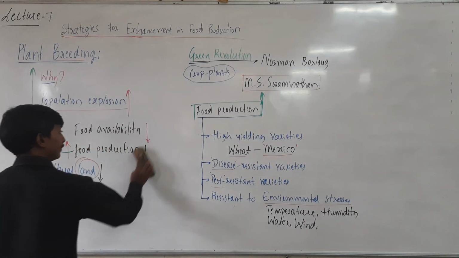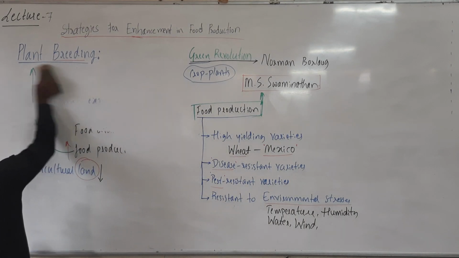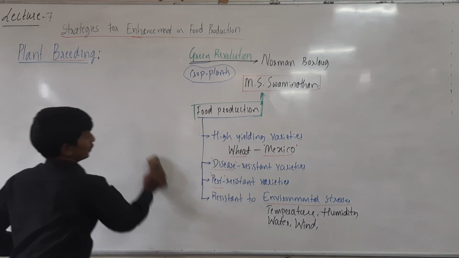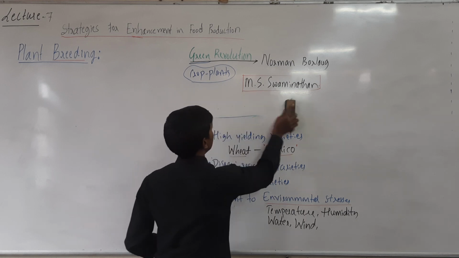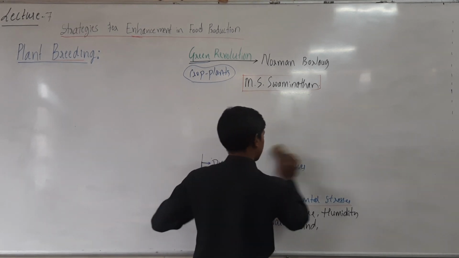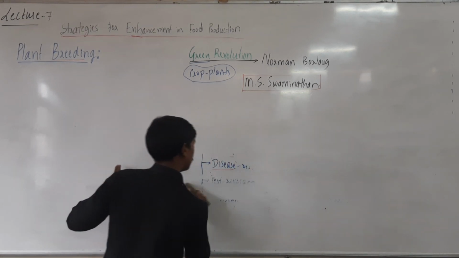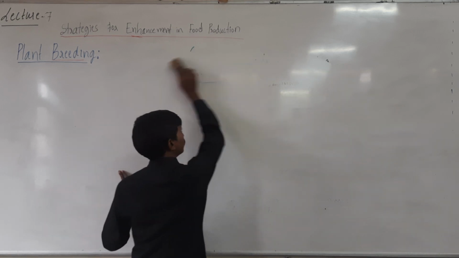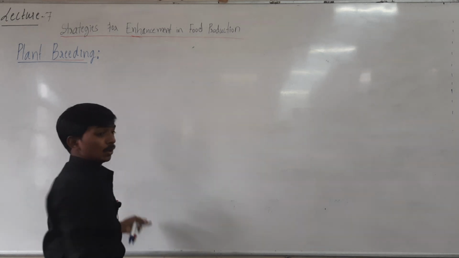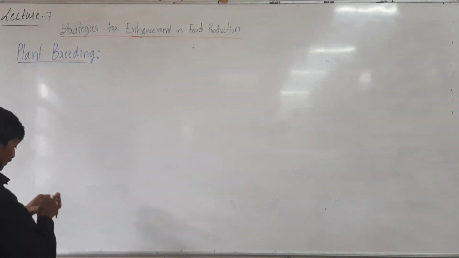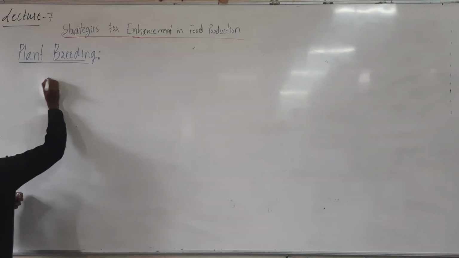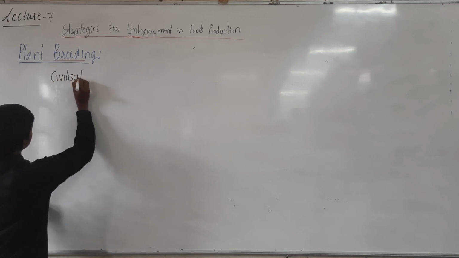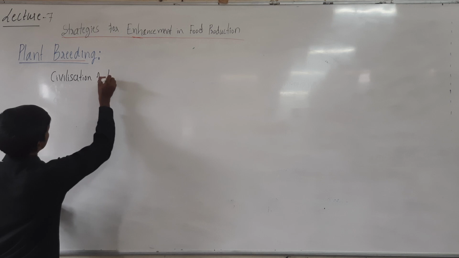Okay. So, you might have heard the word civilization. All of you know we came from monkeys, monkey to man. When we were monkeys, we were not having any practice of growing plants.